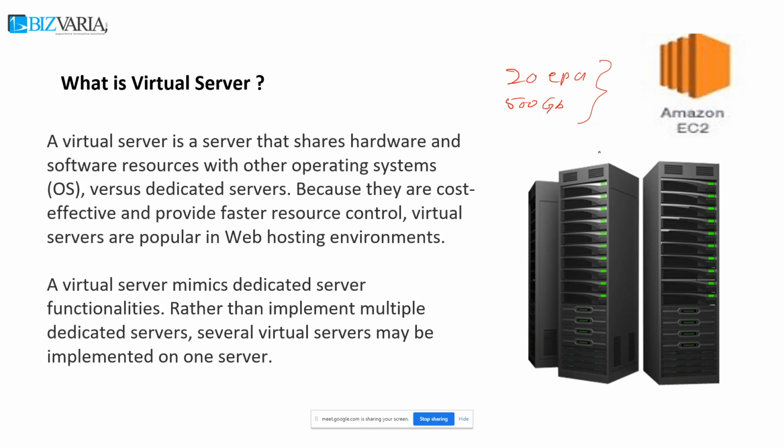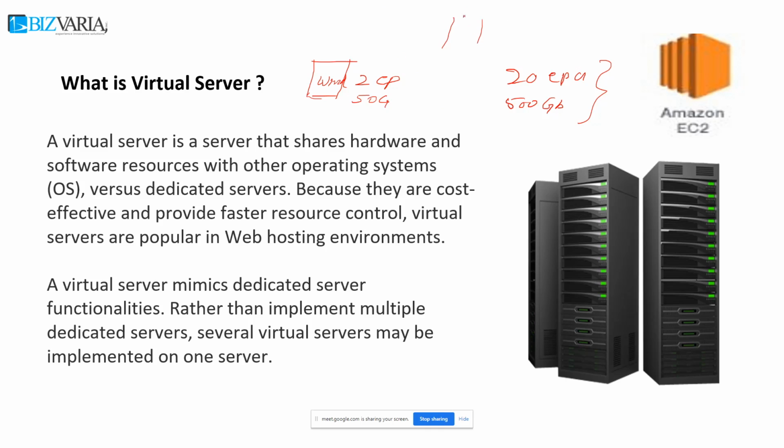With the help of software, I want to use this machine's computing power, not physically. Let's say this is one machine I want to lease in AWS. This is my Windows server. For this Windows server, I need 2 CPUs and 50 gigabytes of RAM. This is my requirement.